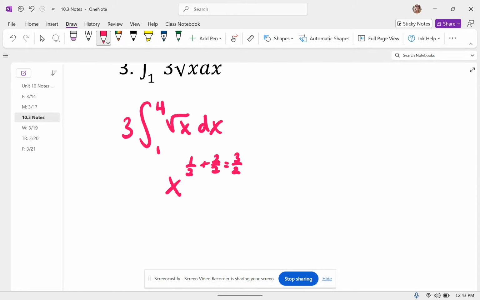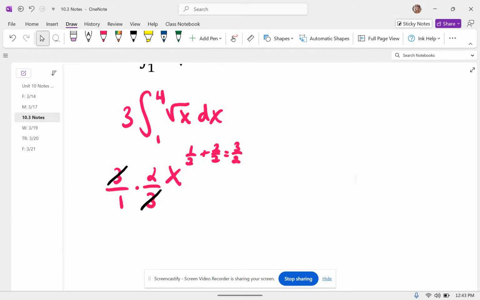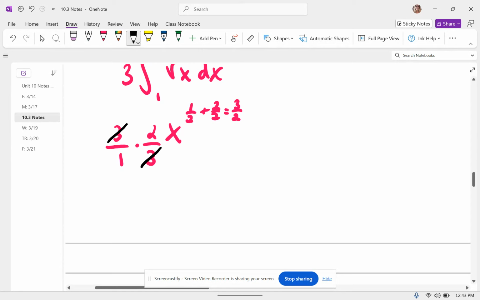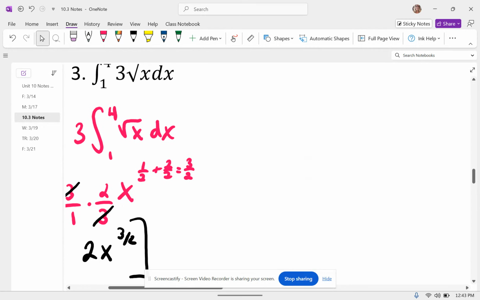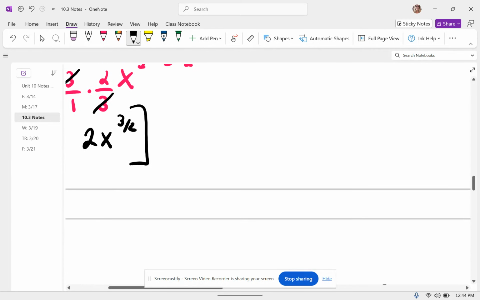I want 3 over 1 times... Okay, what is 3 over 2 when you divide by it? 2 over 3, good job. So what's going to happen with these then? 2. Yes. 2x to the 3 over 2. And then what are the bounds? 1 to 4.